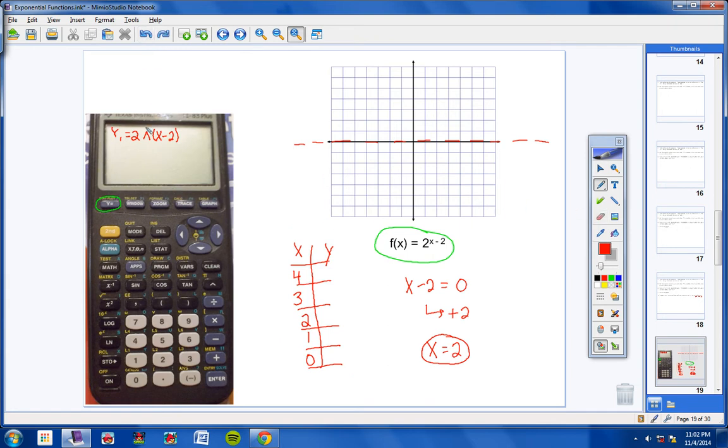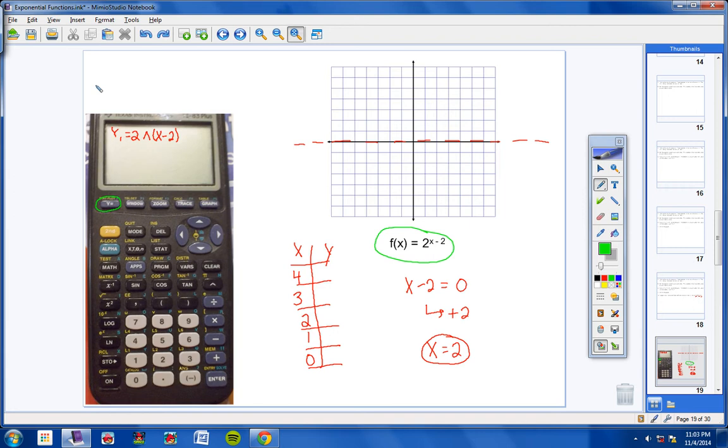Now that you've entered this, go ahead and look to this button right here, okay? And right above it, you should see a word that says table, okay? You're going to push your second button right here, and then your graph button right here, okay? And when you do that, up will pop a table of values.